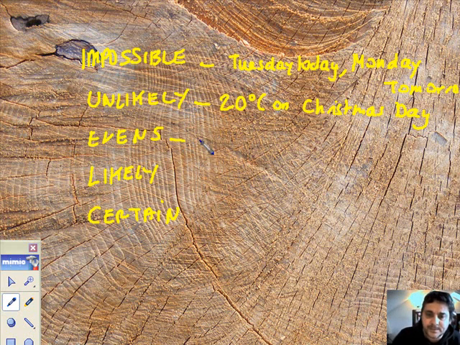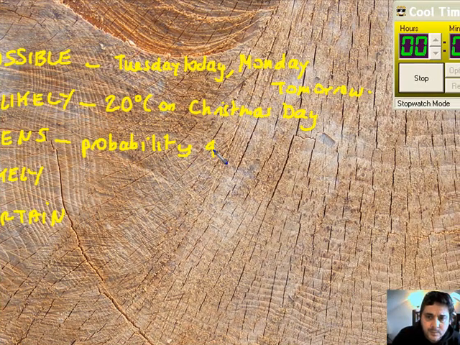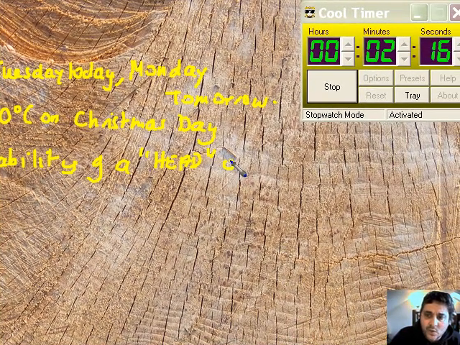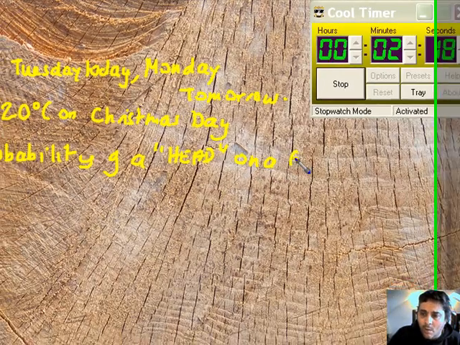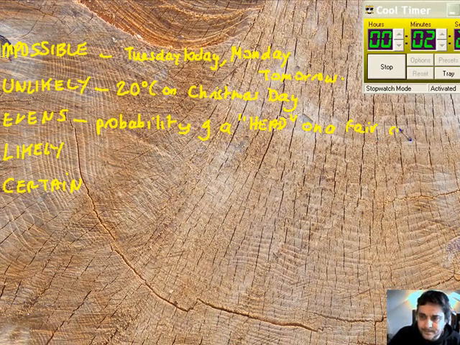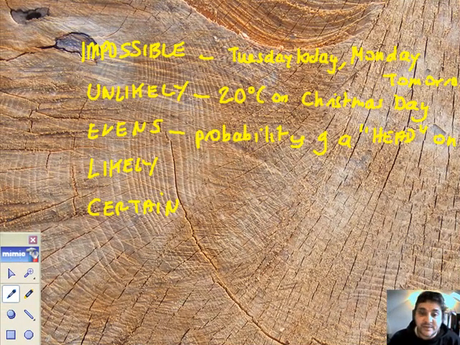So what is evens? The probability of a head on a fair coin. Likewise the probability of getting a tail on a fair coin would also be an even chance.